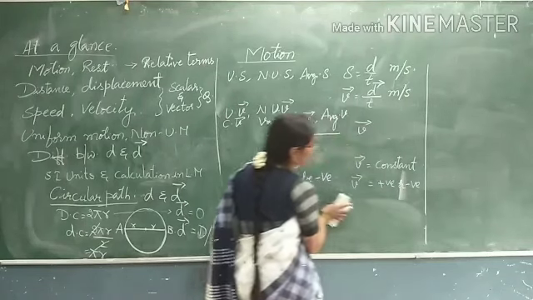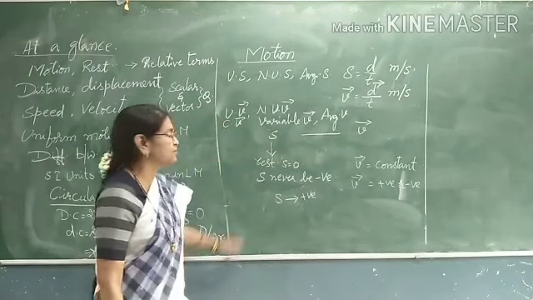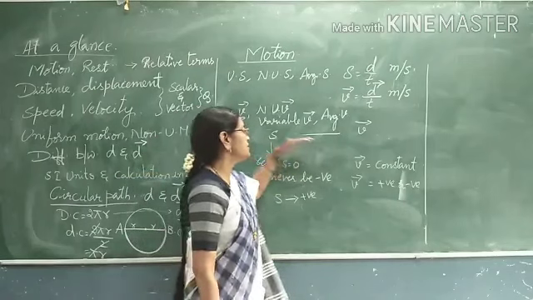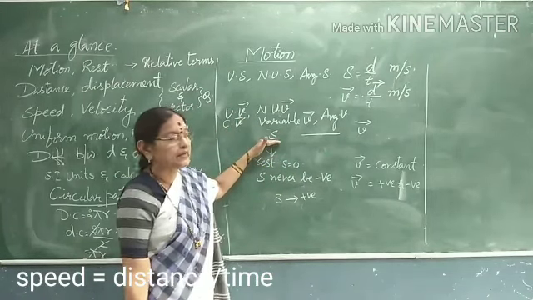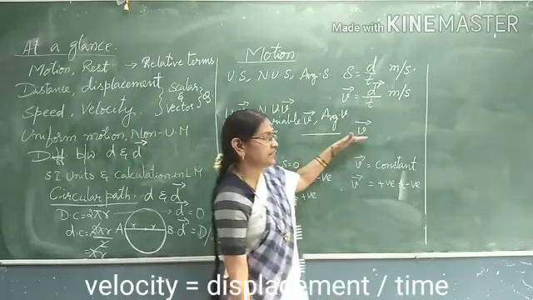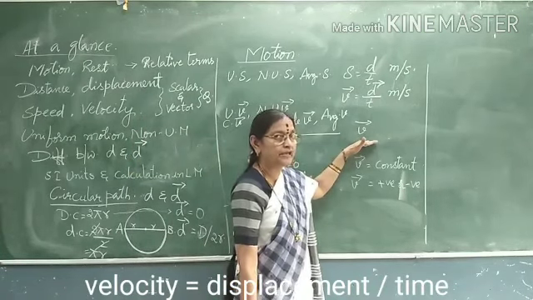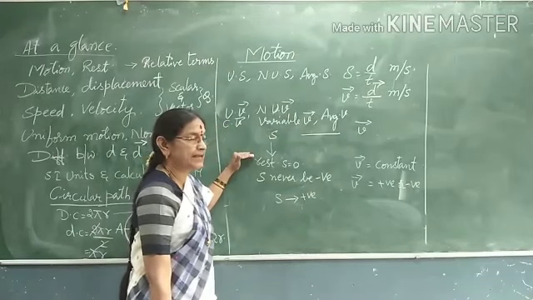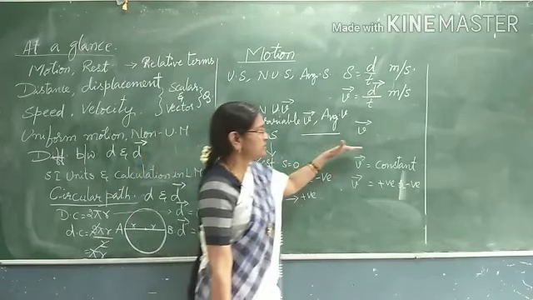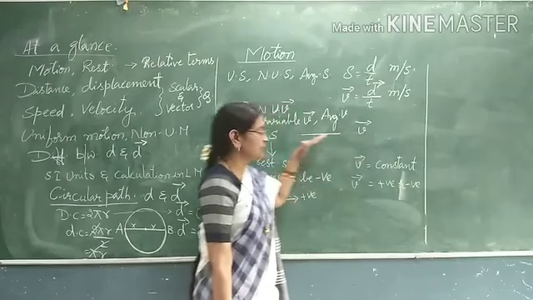Now, have you understood? Once again, we will have a glance at speed and velocity differences. Speed is the distance covered by a moving body in unit time. Velocity is the displacement of a body in unit time. Speed is a scalar quantity. Velocity is a vector quantity.